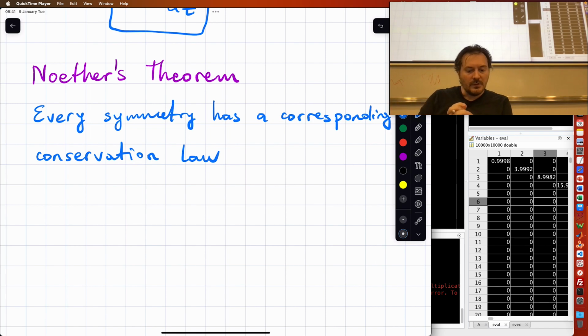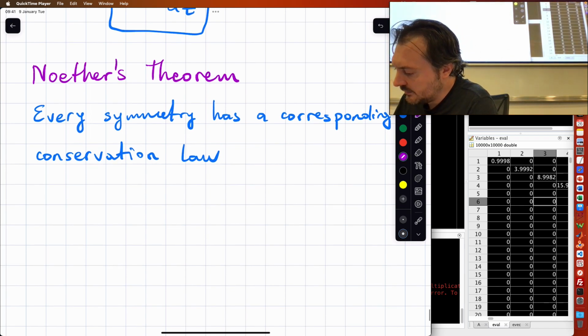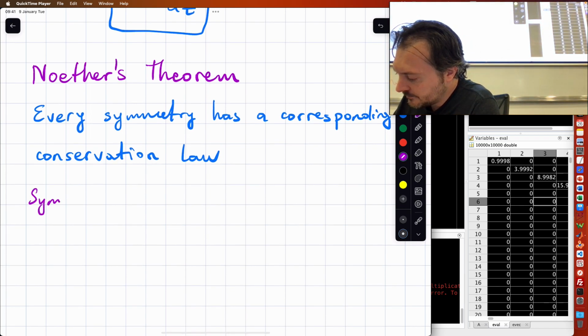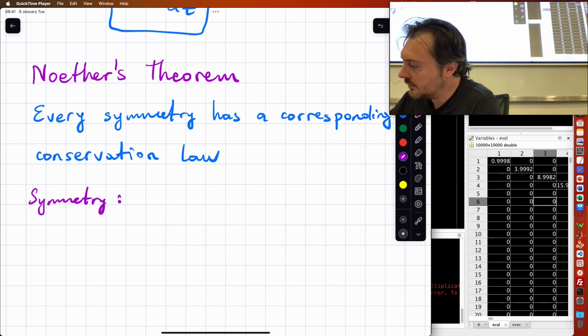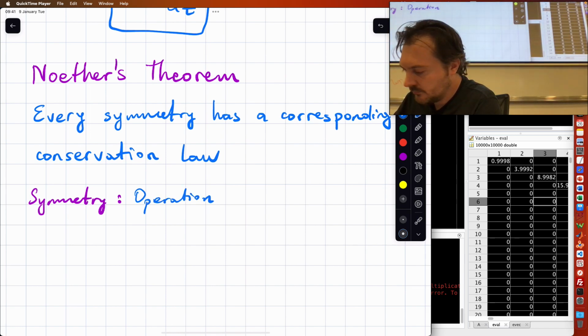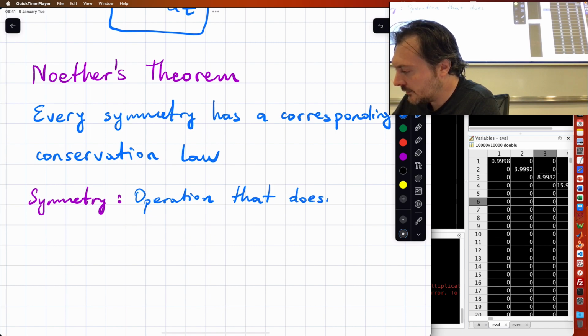She realized that for each symmetry, for example, what is symmetry? Let's also define symmetry. Symmetry is an operation that doesn't change the action.